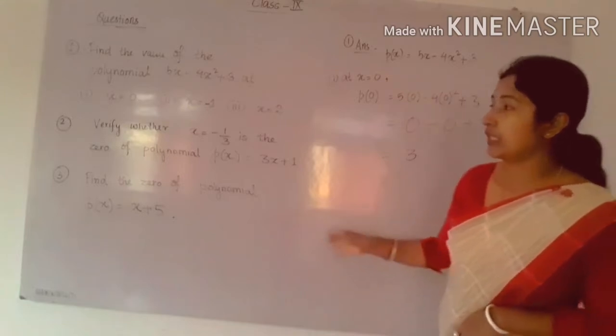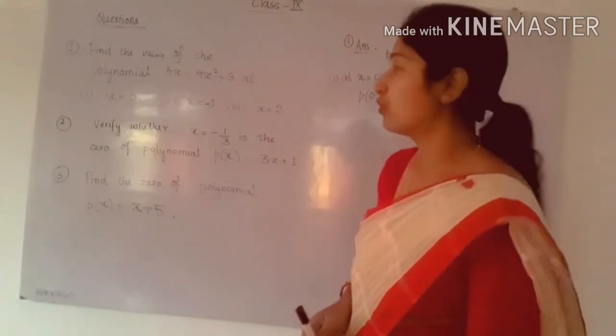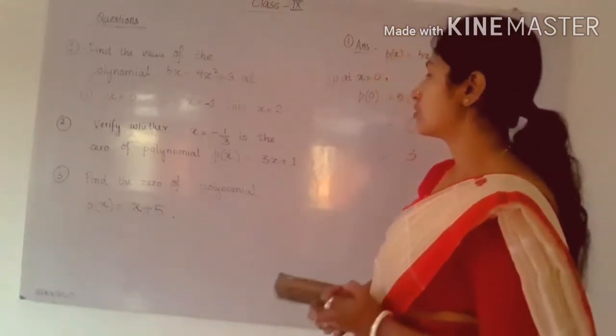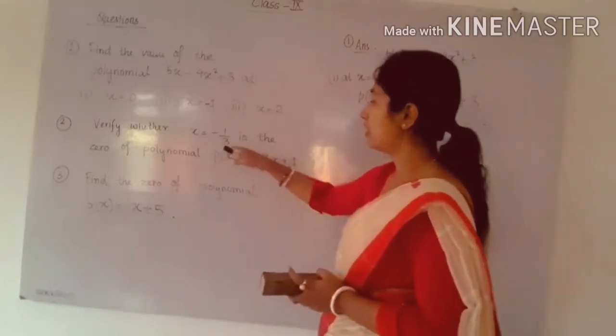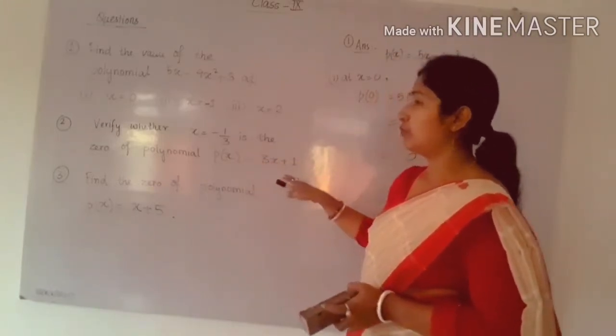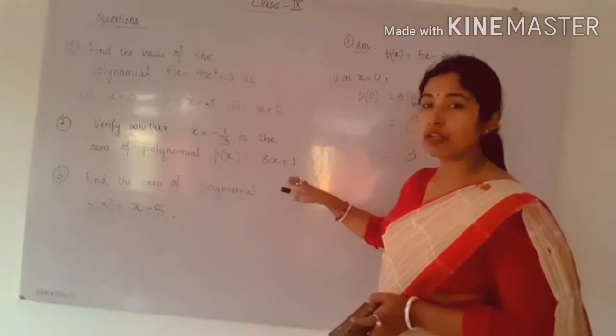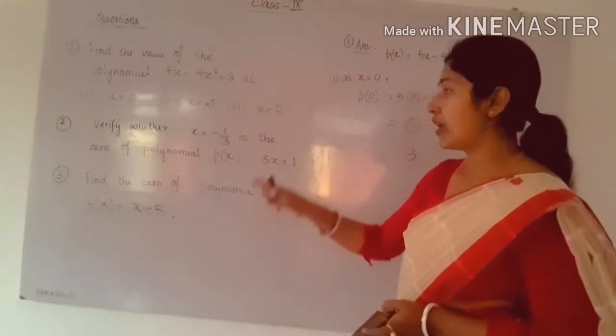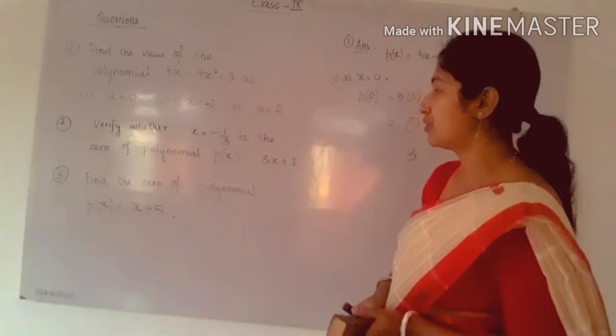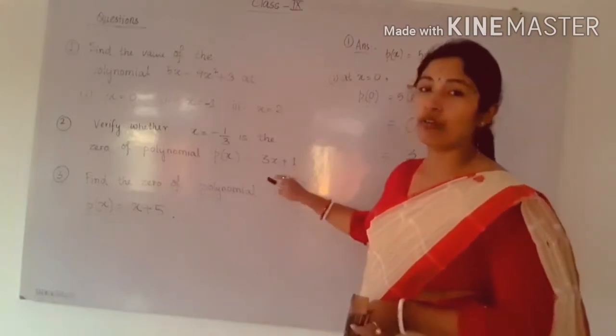So the next question is question number 2. Verify whether x is equal to minus 1 by 3 is the 0 of the polynomial p(x) is equal to 3x plus 1. That means you have to verify that x is equal to minus 1 by 3 is the 0 of this polynomial or not.